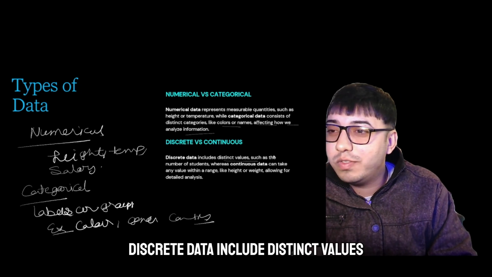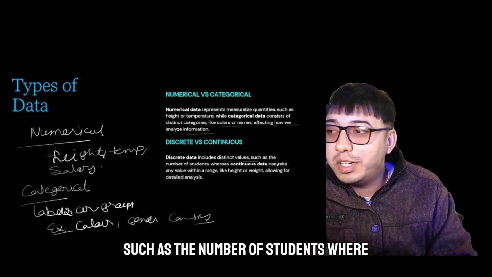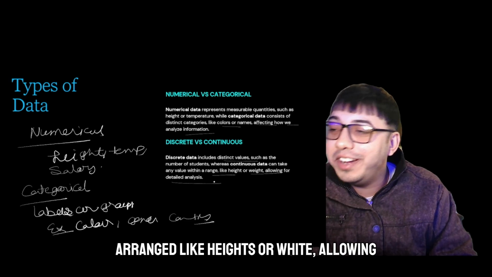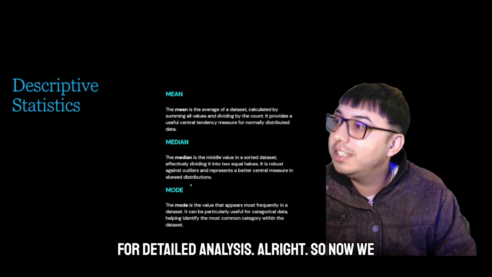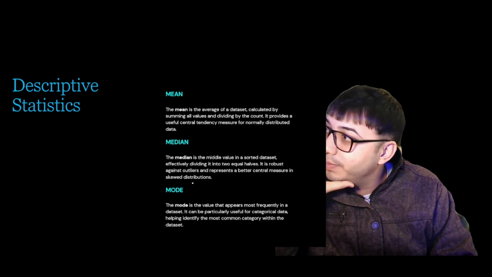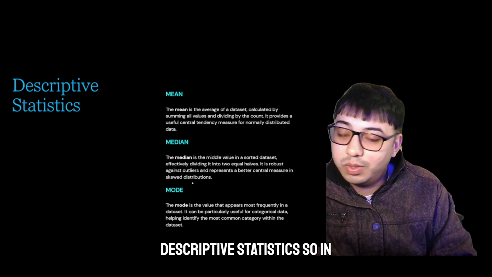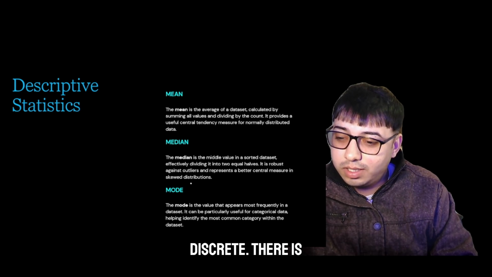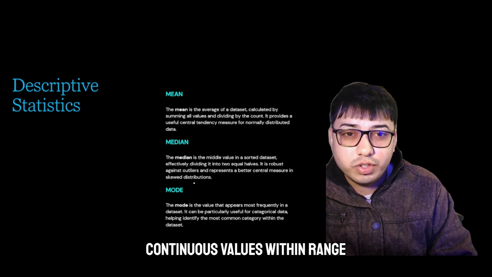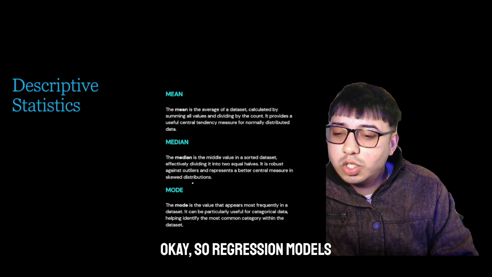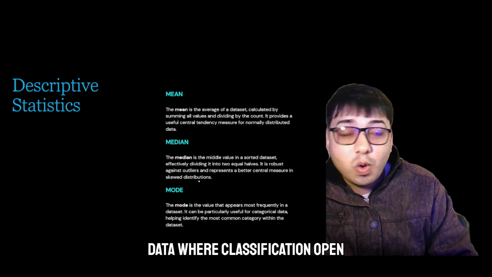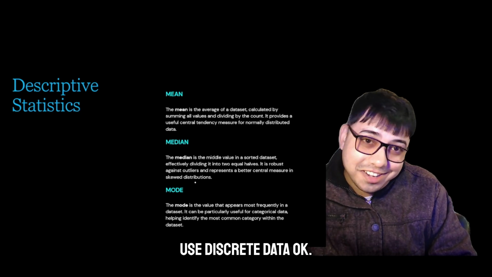Discrete data includes distinct values such as the number of students, whereas continuous data can take any value within a range like height or weight, allowing for detailed analysis. In discrete, there are countable values, but in continuous, values are within a range. Regression models usually deal with continuous data, whereas classification often uses discrete data.